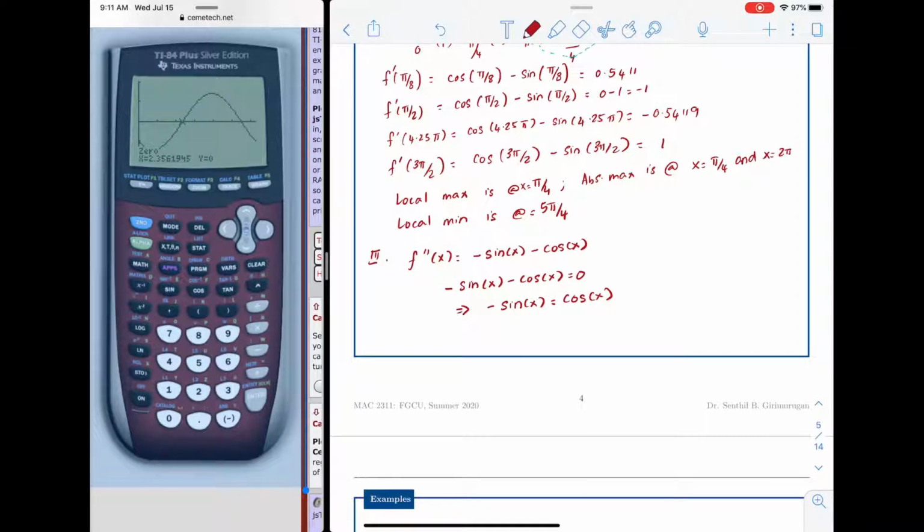So what would 2.356 be equal to in terms of pi?